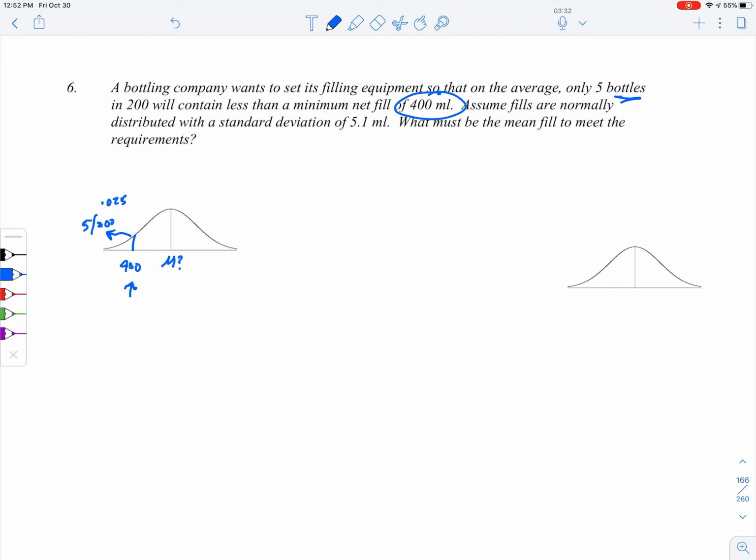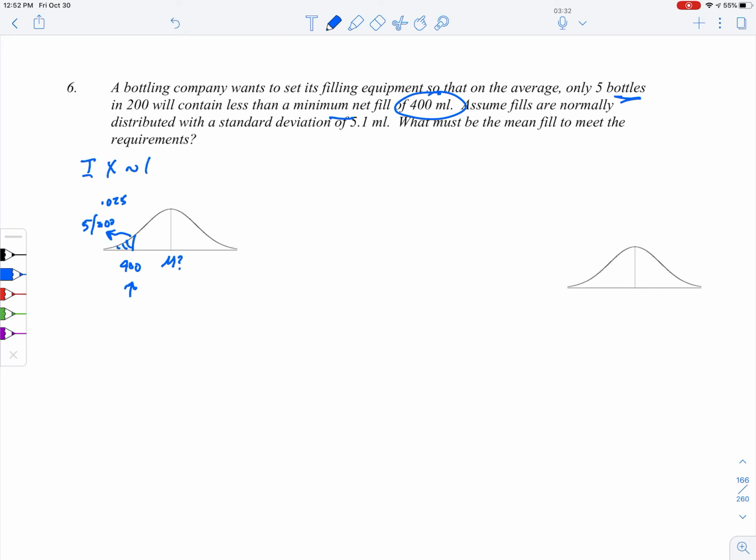So let's read through it. A bottle company wants to set its filling equipment so that on average, only 5 bottles in 200, so that's what we've got down here, will contain less than the minimum net fill of 400 mils, which is what is stamped on the bottle.